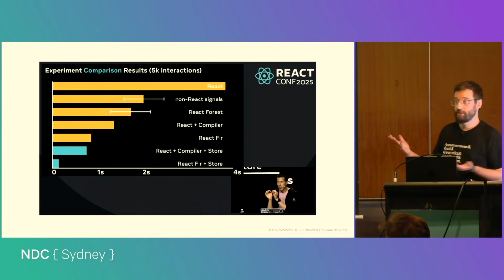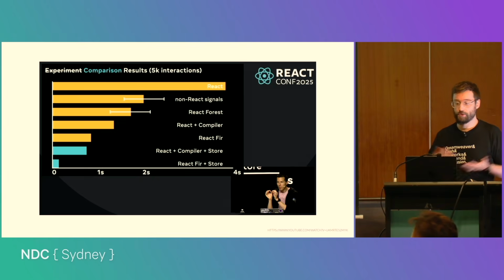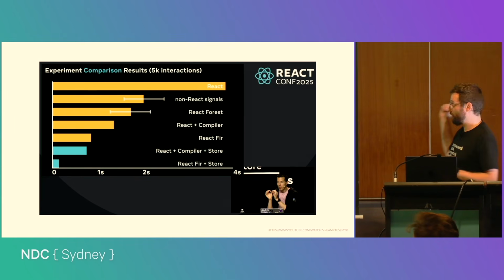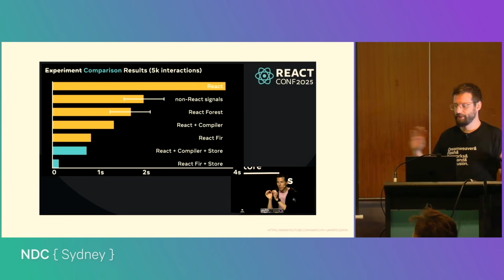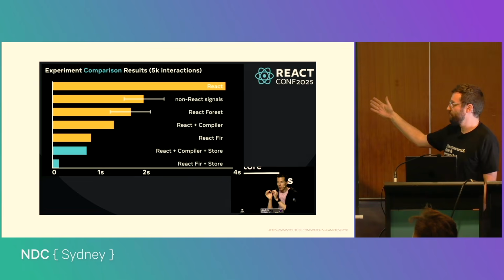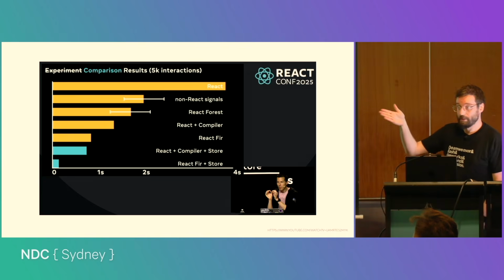And it's not that they haven't considered signals. It's also worth mentioning that the React team has done experiments. This is from ReactConf last year, where they presented some of those. It's called, I think, React Fear. I don't know if that's the final name, but that's what they experimented with. They tried React as it is, as a performance metric, then React with signals, which definitely made it faster.